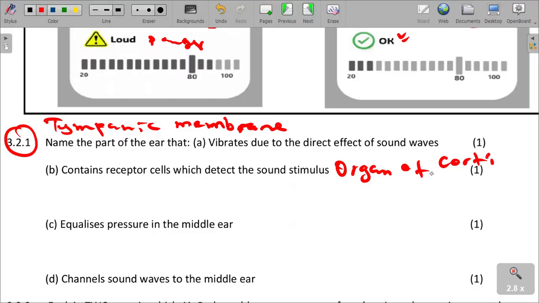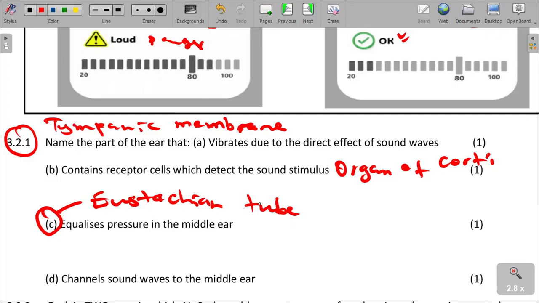And then, equalizes pressure in the middle ear. I'm sure I remember this one. It connects the ear to the throat. It is the eustachian tube. It is the eustachian tube which is connected from the throat to the ear.